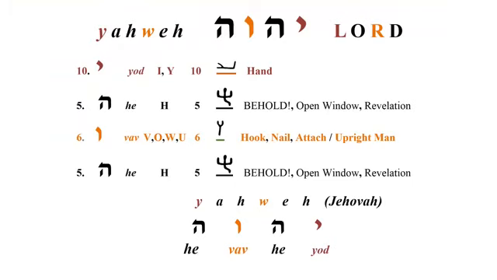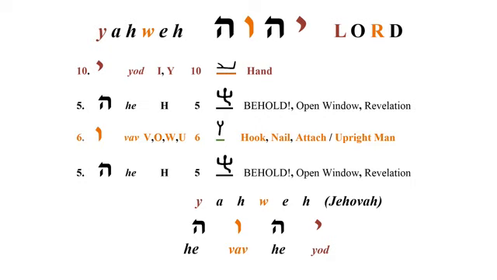So his title is Elohim. His name is Yahweh. If you look at the pictures, a Yud is a hand. A Hey is something is going to be revealed. A Vav is a nail. And another Hey is another revelation.